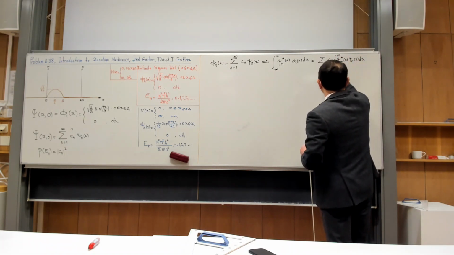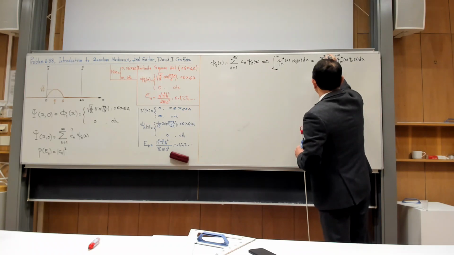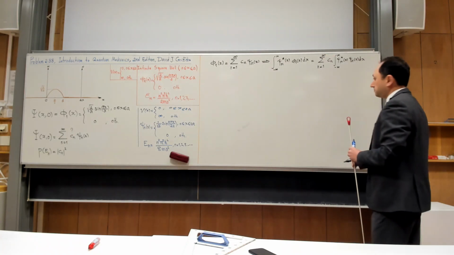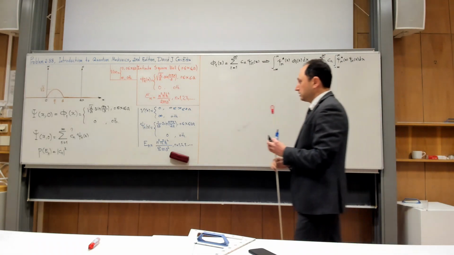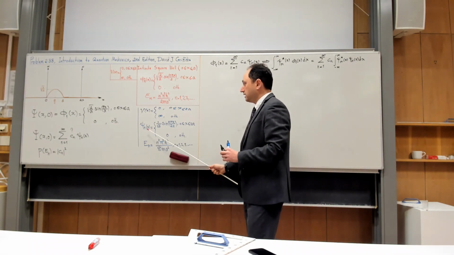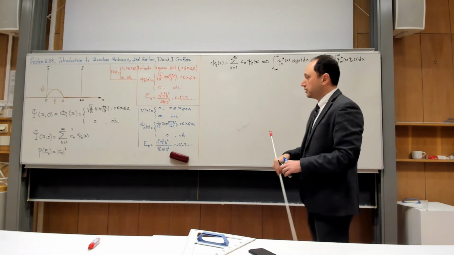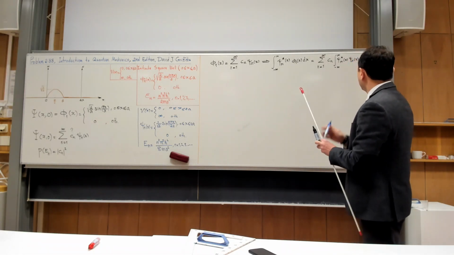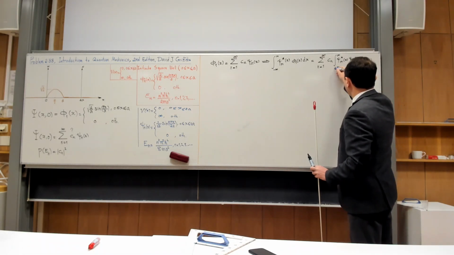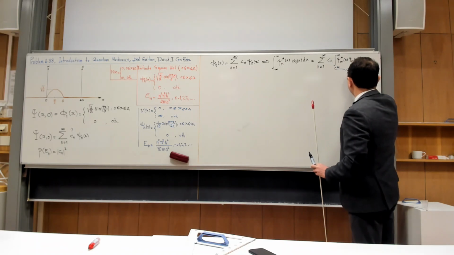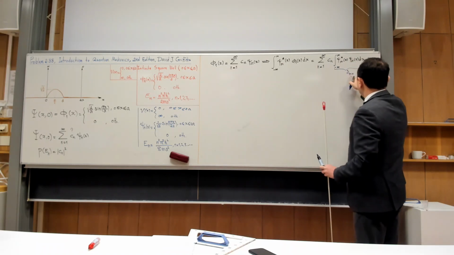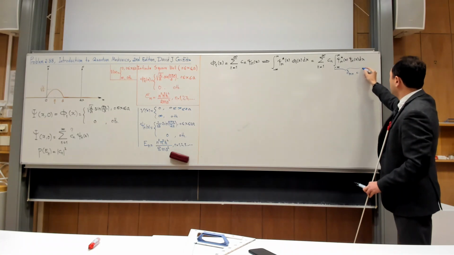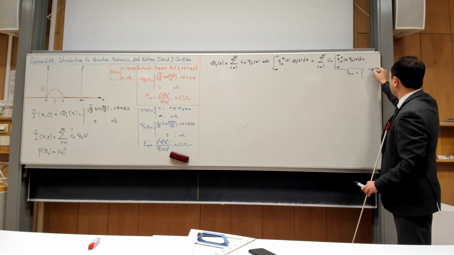And this is a constant, so I can pull it out of the integral. Of course, you know that in Griffiths you have seen that these functions have the property that they are orthogonal, meaning that this expression is nothing except a Kronecker delta. So this is delta mn. Delta mn is equal to 1 if m is equal to n, and 0 if m is not equal to n.